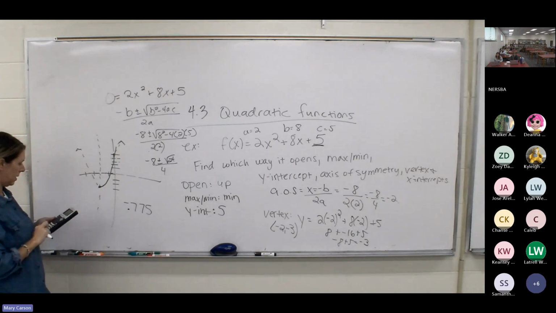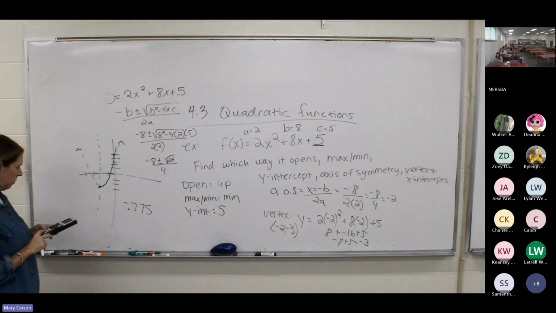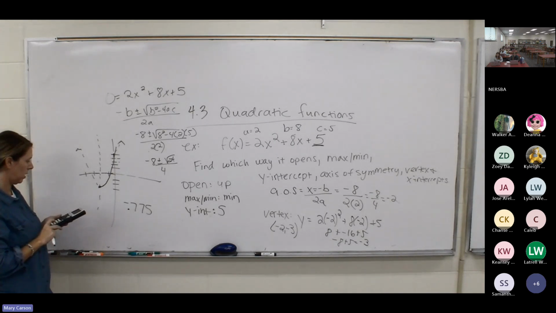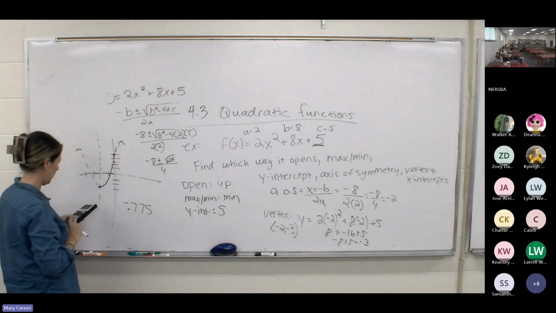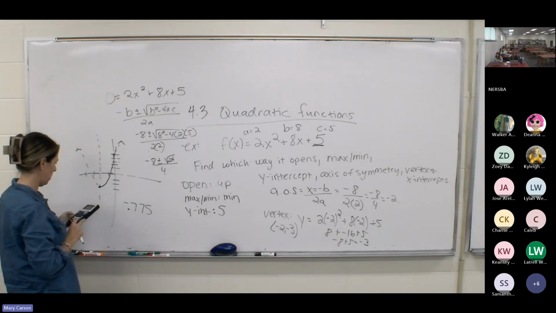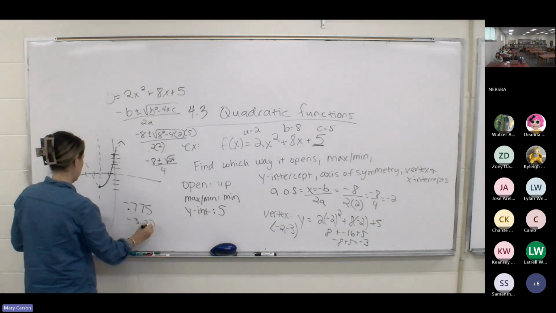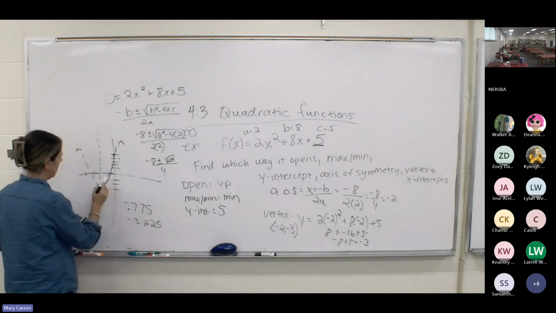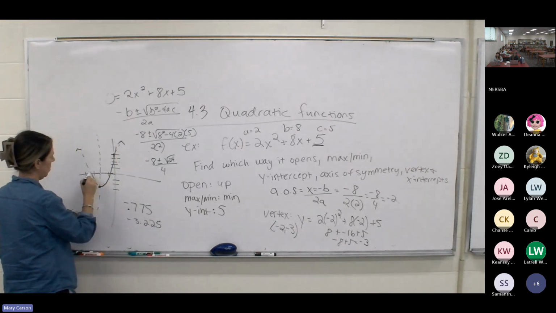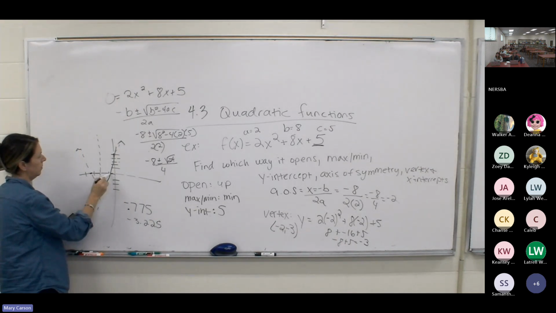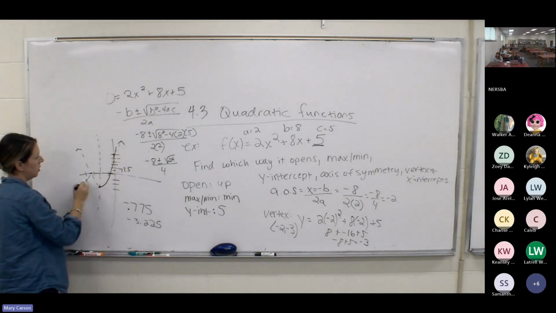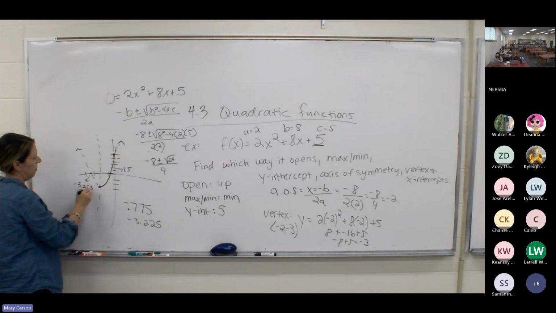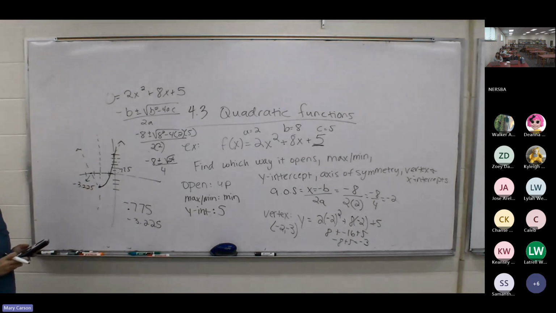And then the other one's going to be -8 minus the square root of 24 divided by 4. It's going to be -3.225. Okay, I'm about close on that one. So this is your -0.775, and this is your -3.225. That's pretty close.